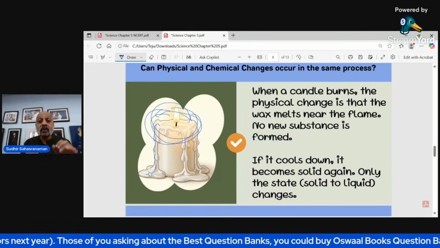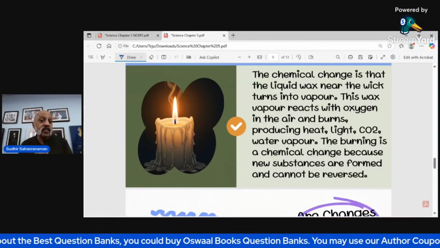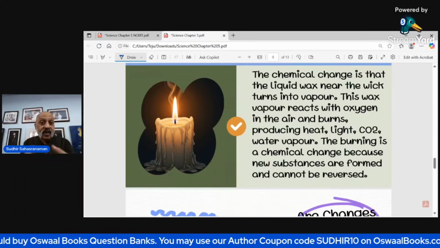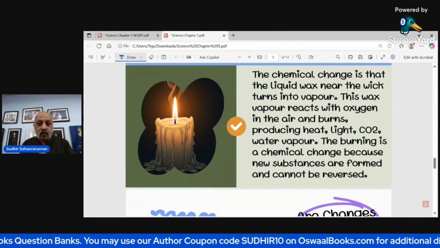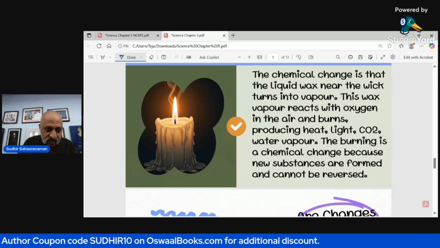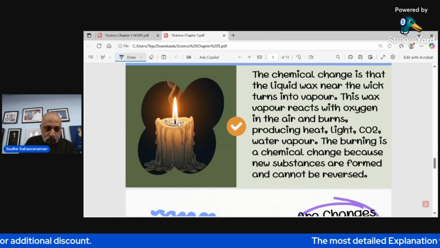But at the same time, there is also a chemical change which is taking place. You see the vapor that is there above the light of the fire. The liquid wax near the wick turns into vapor.